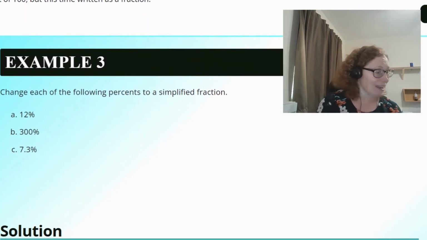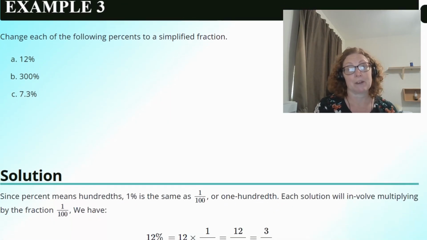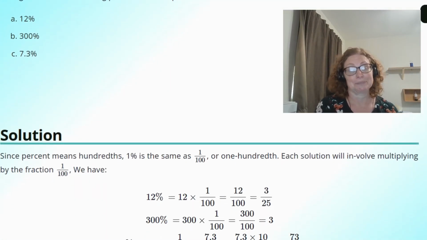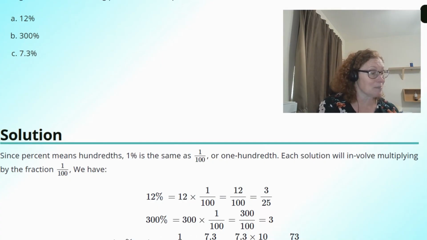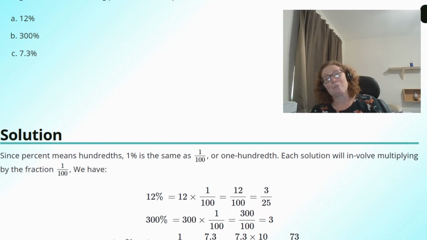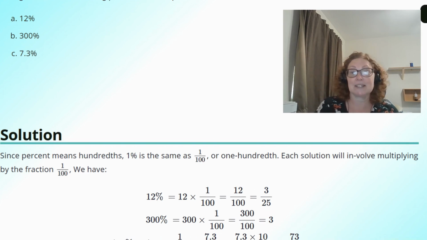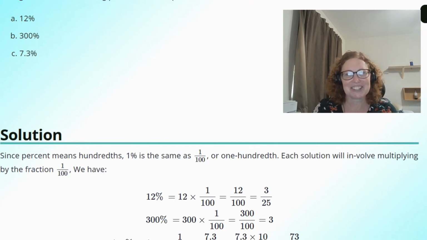So next is example 3. We're going to change percents to a simplified fraction. So how do we do that? Well, instead of the 0.01 that we did before, now we are going to multiply by 1/100th to get the difference between the percentage and the fraction.